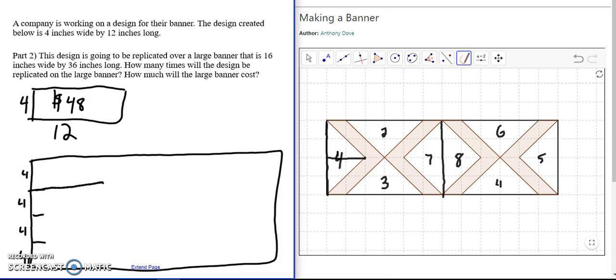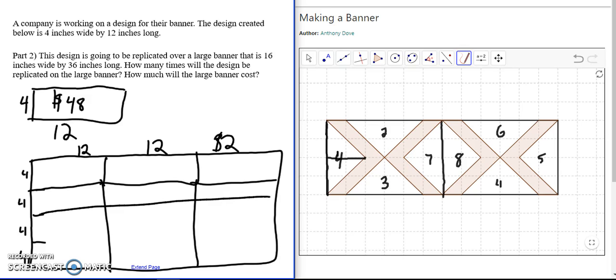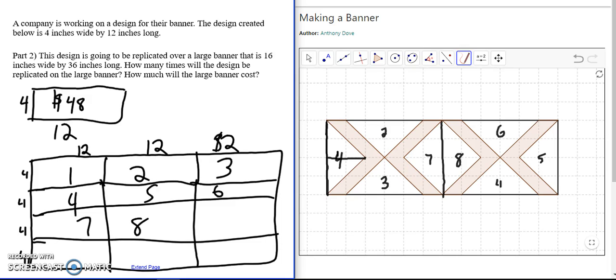And then when I came across, here would be 12, 24, 36. So if I just extend my lines out and look at what I have, I have 1, 2, 3, 4, 5, 6, 7, 8, 9, 10, 11, 12 of that grid.